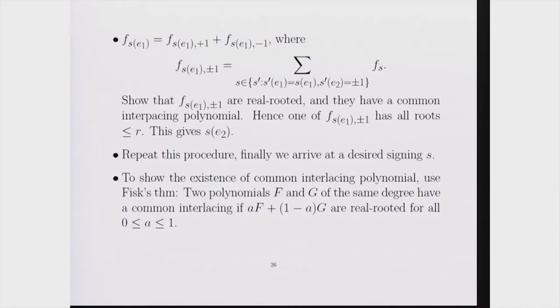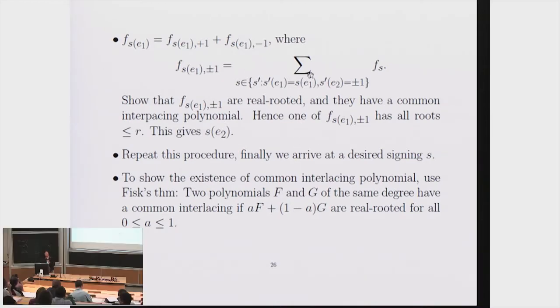In this argument, there are two important things. One is that somewhere in the middle, we divide the sum into two pieces, and each piece should have roots which are all real. Second, they should have a common interlacing polynomial. The existence of a common interlacing polynomial comes from a theorem by Fisk.